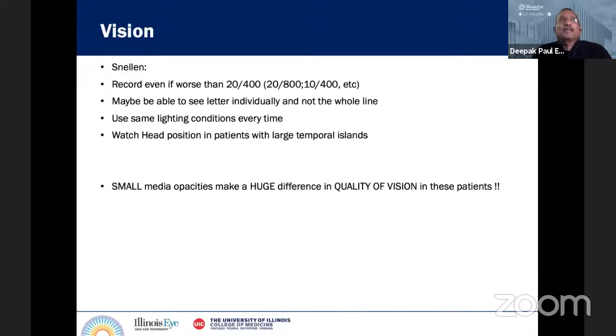Visual acuity measurement becomes important in these patients. And of course, if you're taking Snellen acuity, you want to record vision in numerical manners, even if the vision is worse than 20/400 in some of these severe patients. I know we are talking about a scenario of 20/20, but you will have patients who have 6/60 or worse vision.